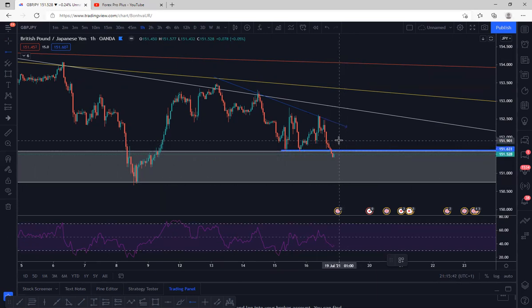So we can take a risk from here to 151.15. Yeah, about 30, 40. We can take a 40 pip risk, or even a 30 pip risk, and there's 80 pips in profit. So the risk to reward is almost double.